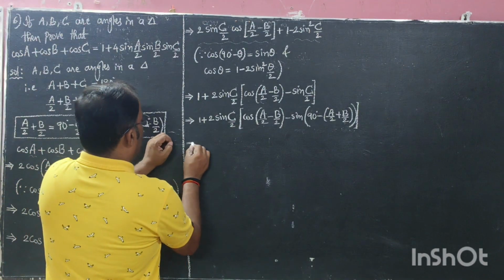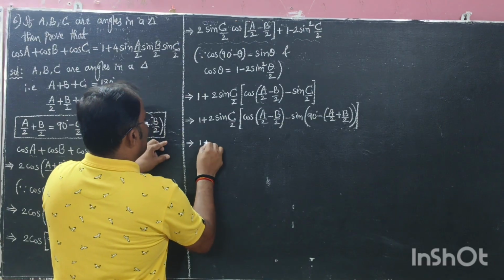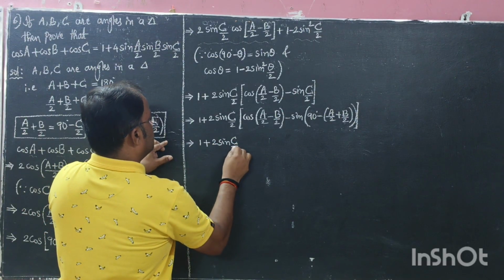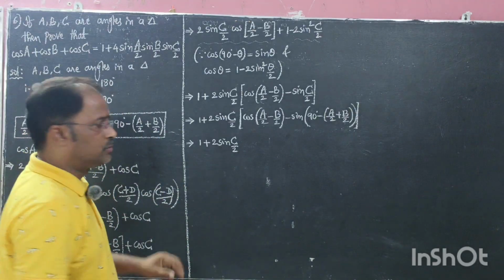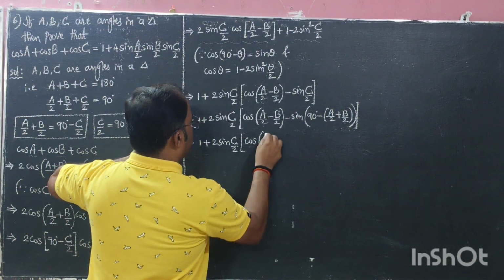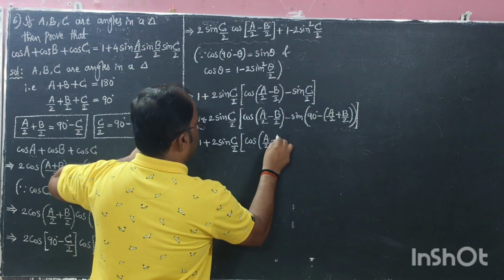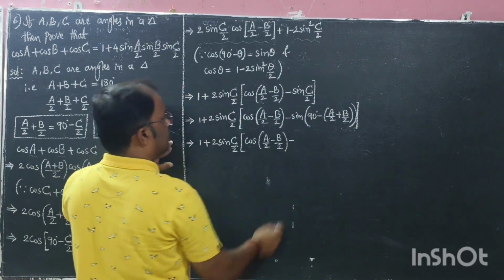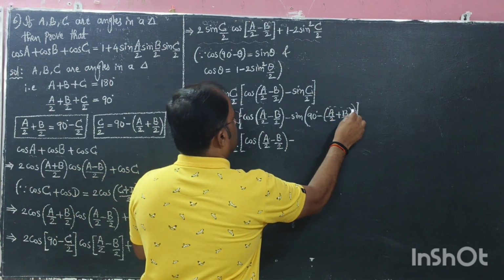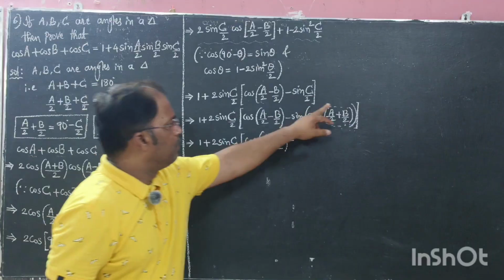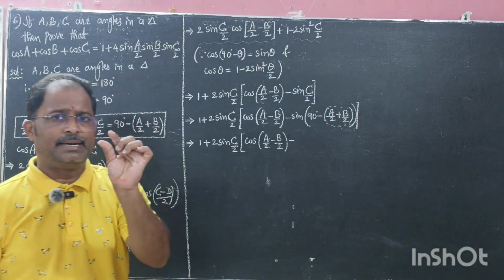Okay, now 1 as it is plus 2 sin C by 2 also as it is, and next cos of A by 2 minus B by 2 also as it is, minus here, this bracket, take it as theta, means A by 2 plus B by 2 can be treated as theta.